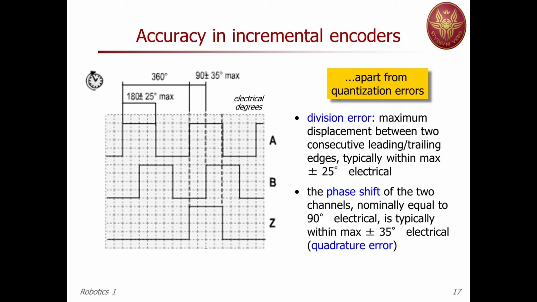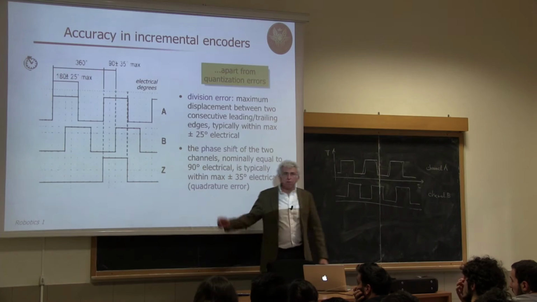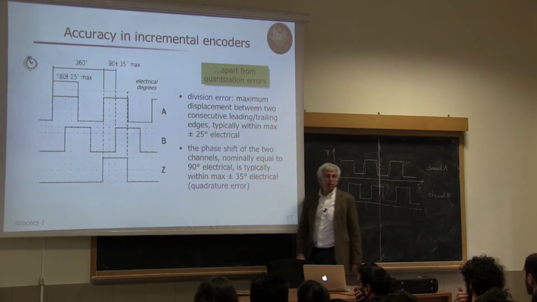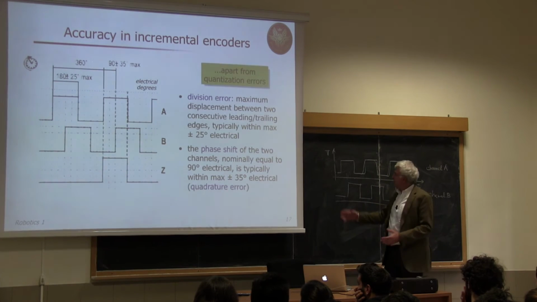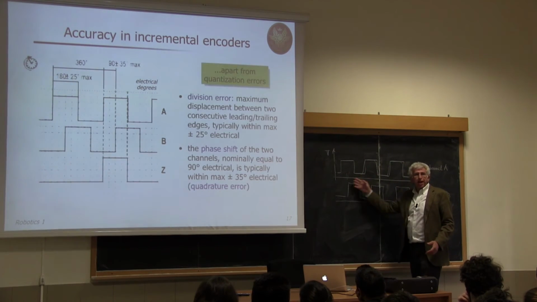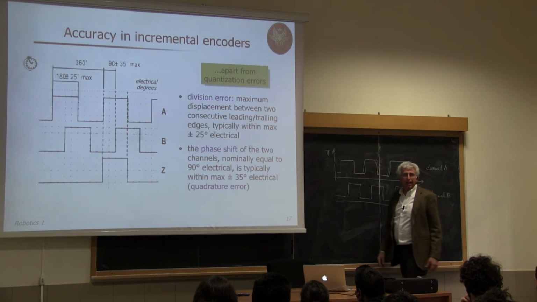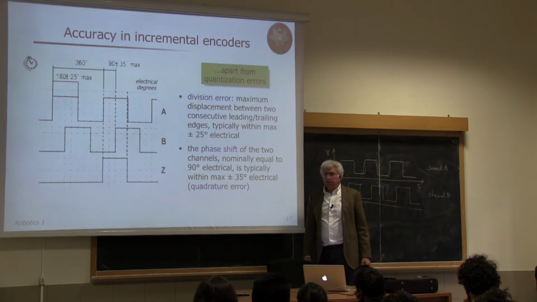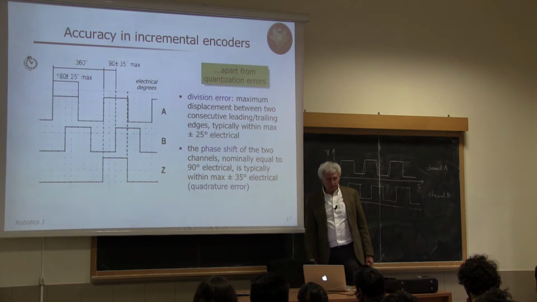Okay, so this should be limited well below 35 degrees. So the fact that the manufacturer is providing you this number, for instance, this plus or minus 35 or 25 degrees, means that these channels are not providing exactly calibrated square waves with the right phase.